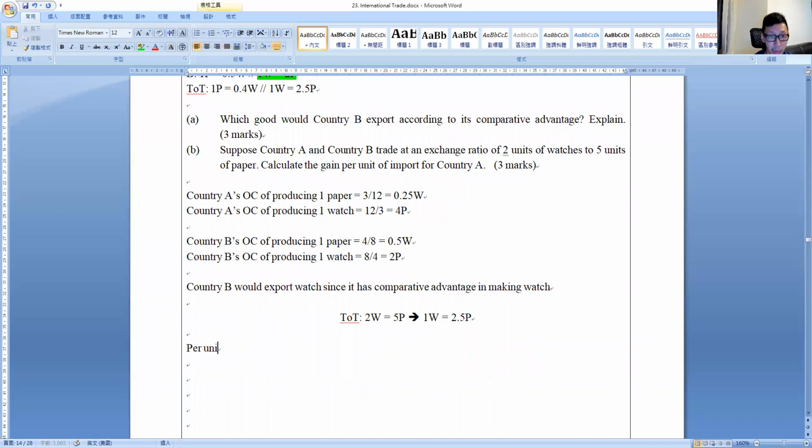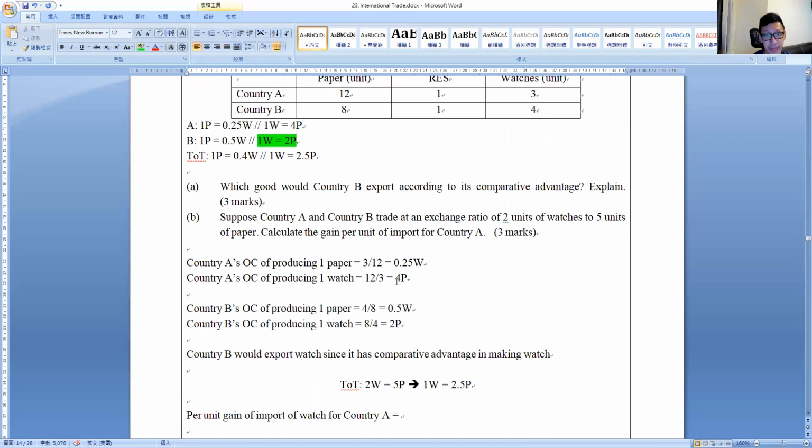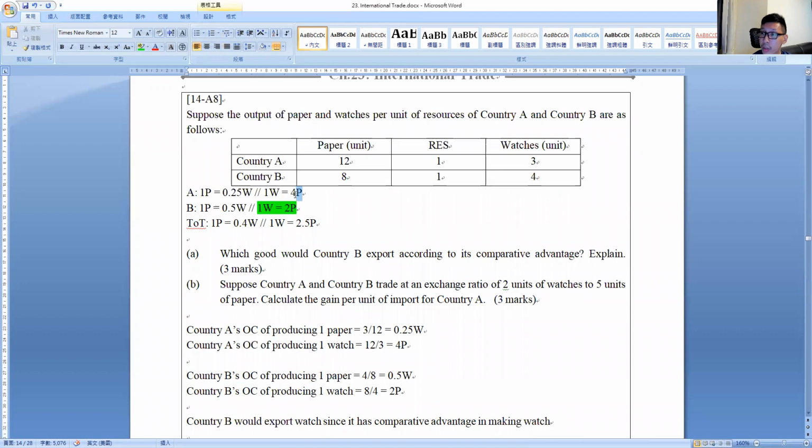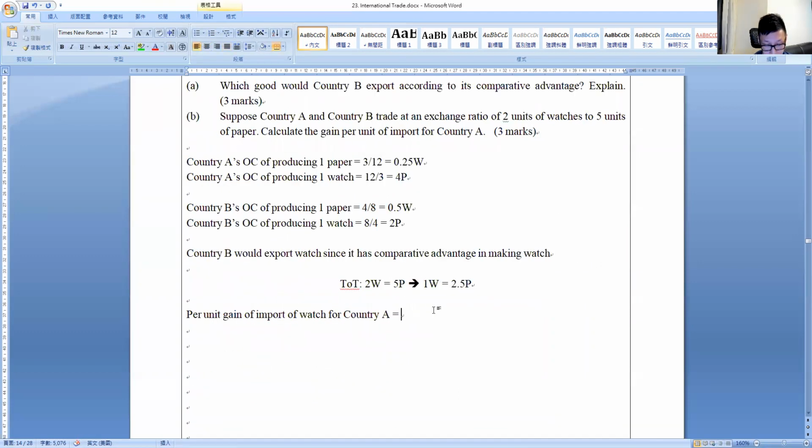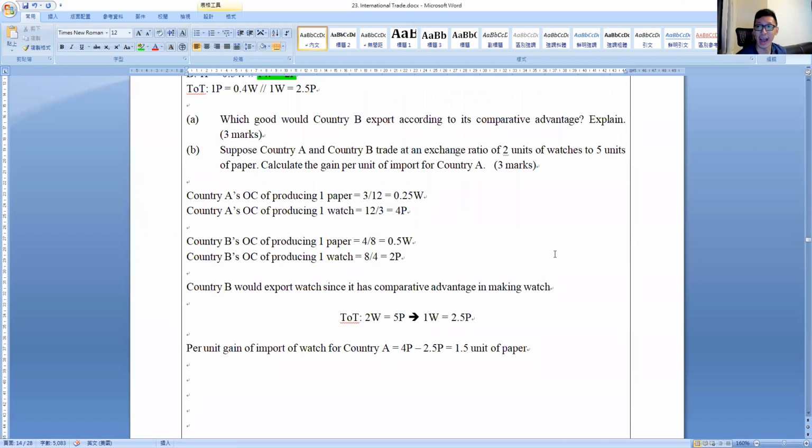So the per unit gain of import of watch for country A would be like this. Remember, its own opportunity cost is 4P. Now it only needs to pay 2.5P. So it will gain 1.5 units of paper per import of watch. So this is the way we present our answers.